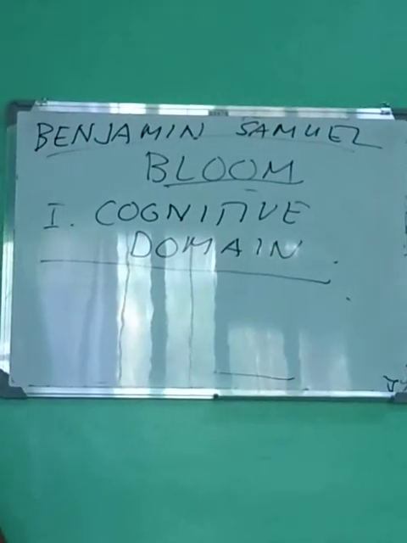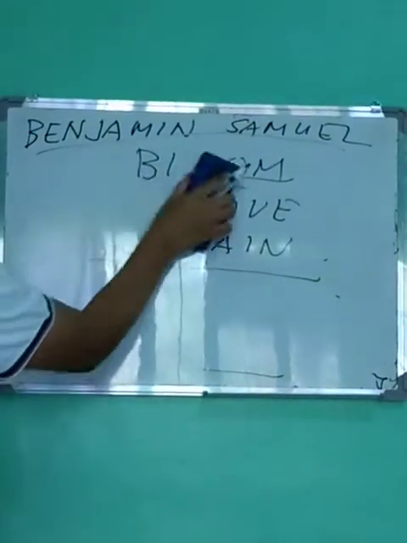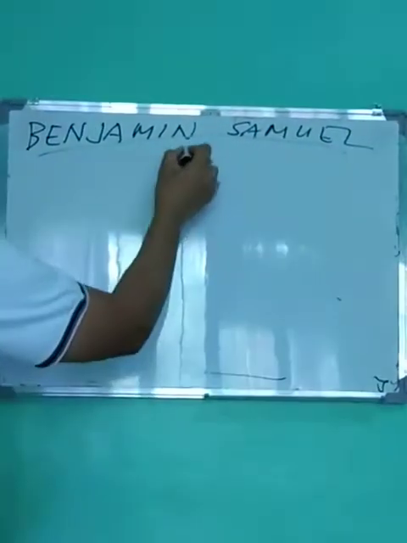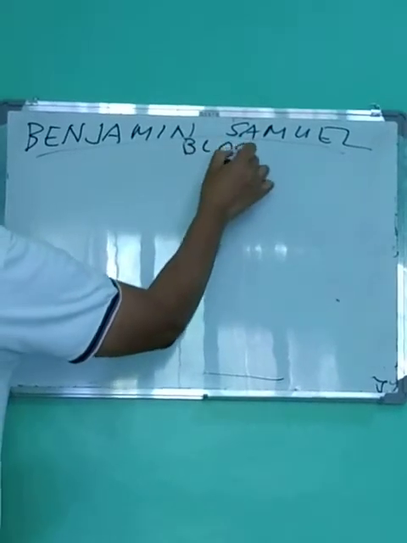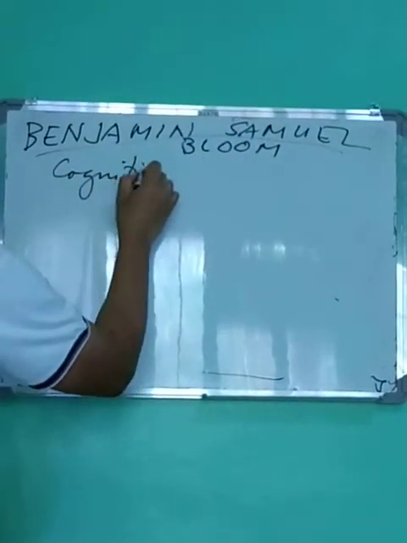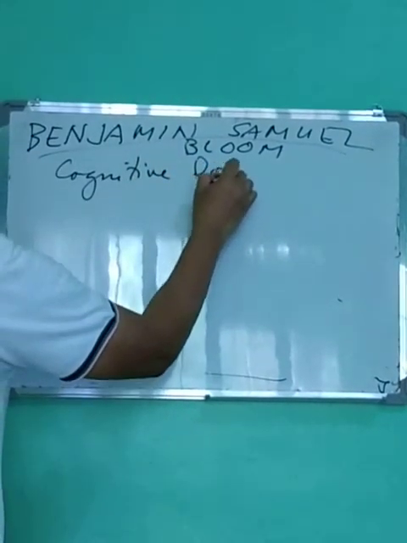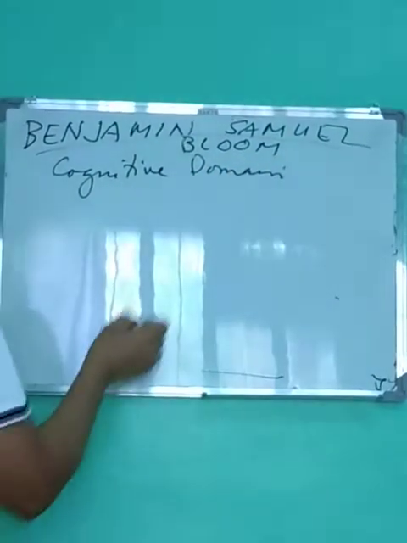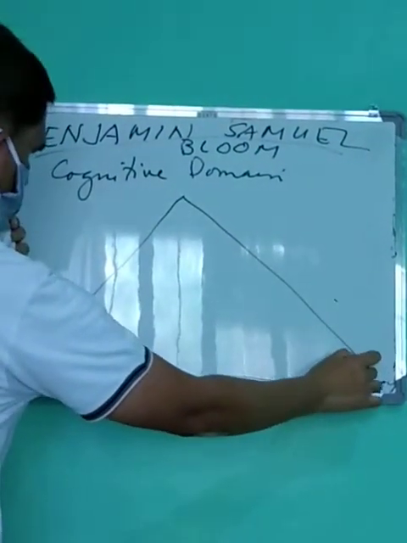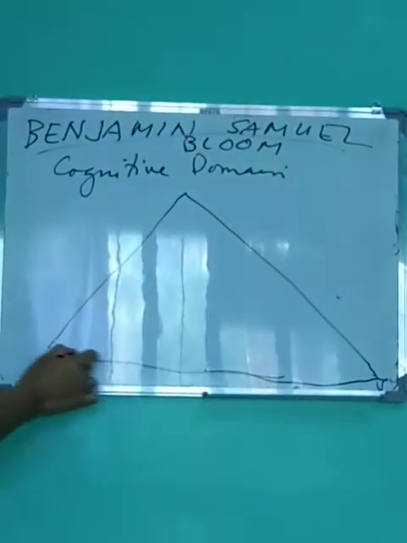For the cognitive domain, he classified them through a pyramid. Benjamin Bloom classified them.